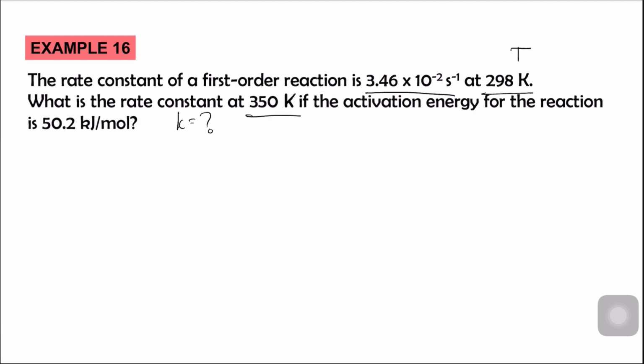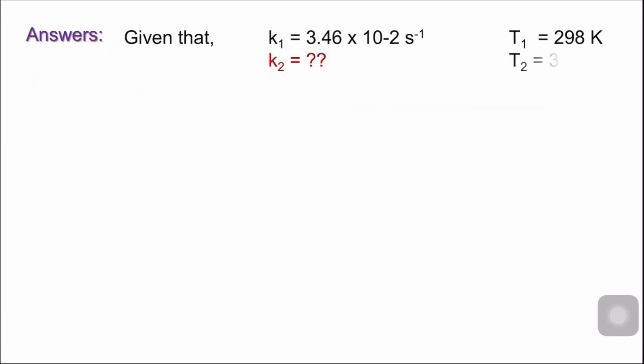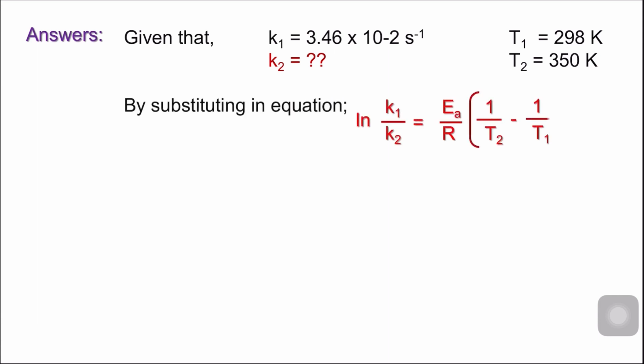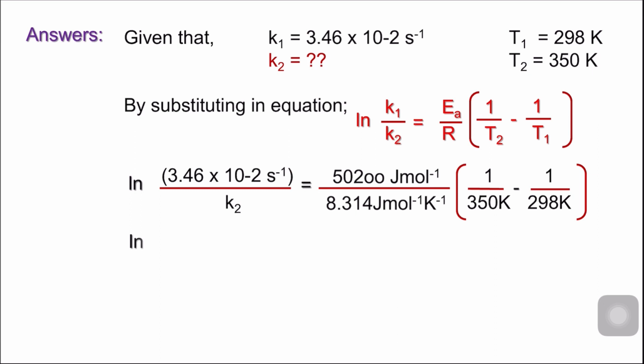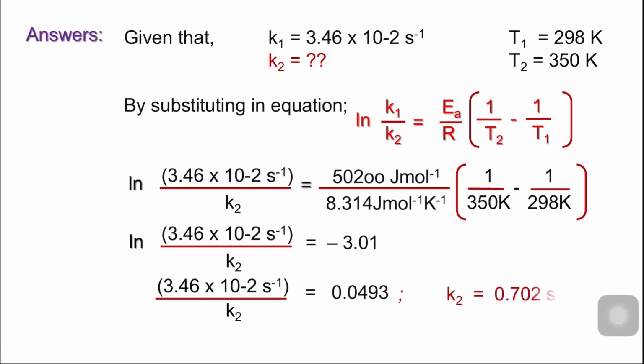Sorry, this is capital K. If the activation energy for the reaction is 50.2 kilojoule per mole. So, extract the information. This is what I have. So, just substitute in the equation. You will directly get the value for K2 that you want to find. Make sure the unit is correct and use the activation energy given. And then, just insert the value, press the calculator correctly, you will get K2 equals to 0.702 per second. Make sure to write the correct unit because this is a first order reaction.